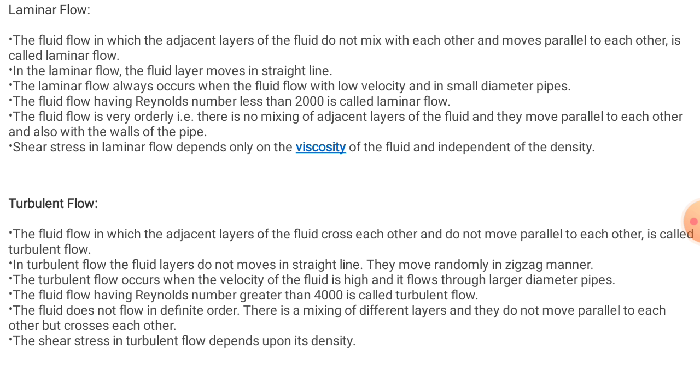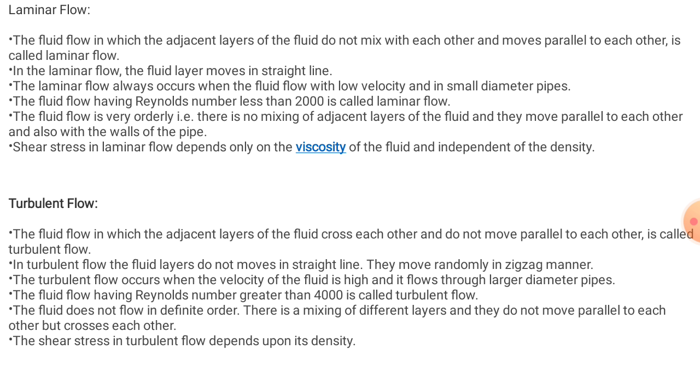The next one, turbulent flow. Turbulent flow is different from laminar flow. The fluid flow in which the adjacent layers of the fluid cross each other and do not move parallel to each other is called turbulent flow. In turbulent flow, the fluid layers do not move in straight lines. They move randomly in a zigzag manner.